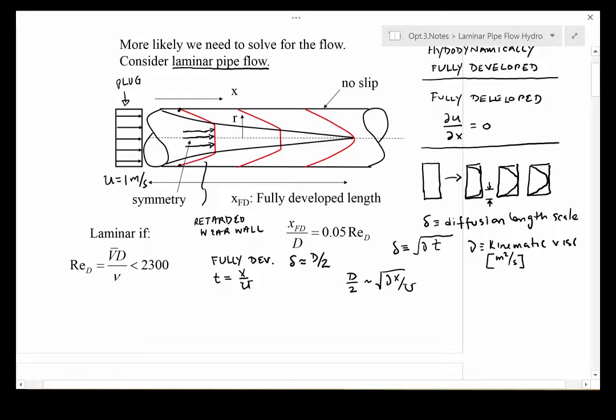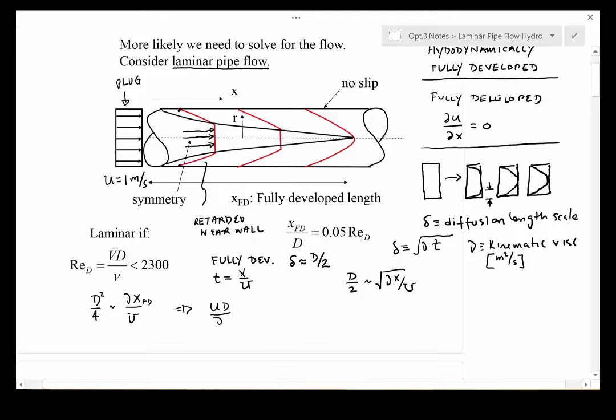If we square that, we get D squared over 4 looks like nu x over u. Now it's worthwhile saying that this particular x is the fully developed length. When delta is equal to D over 2, that x, that downstream distance, is the fully developed length. So we multiply both sides by u.